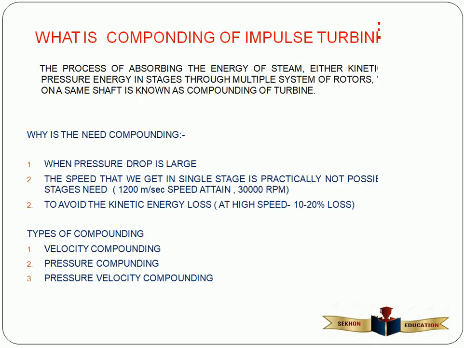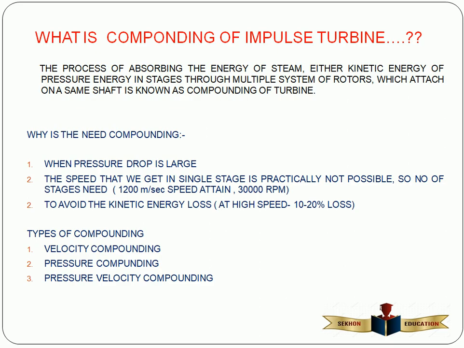First of all, what is compounding? Compounding is a process in which we absorb either kinetic energy or pressure energy in a number of stages, either in terms of rotors or in terms of fixed blades.